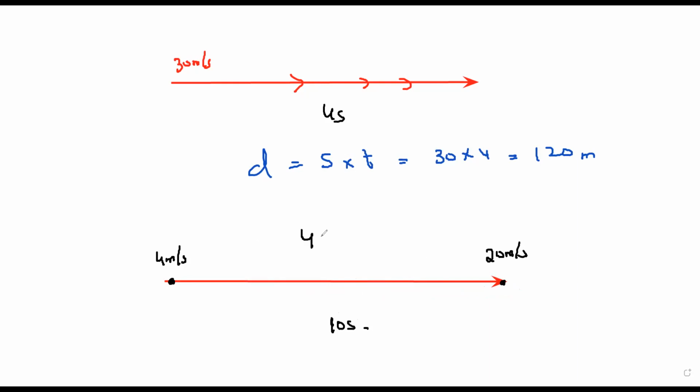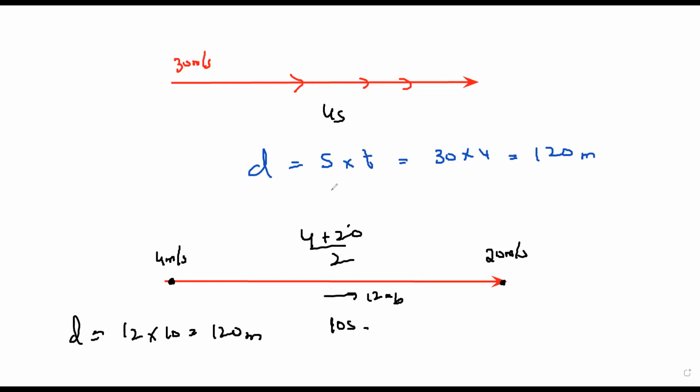It will be 4 plus 20 divided by 2, because that's how we take an average of two numbers. So it will be 24 divided by 2. So average will be 12. So when we calculate the distance, we don't substitute 4, we don't substitute 20, we substitute 12. And 12 multiplied by 10, so we'll get 120 meters.